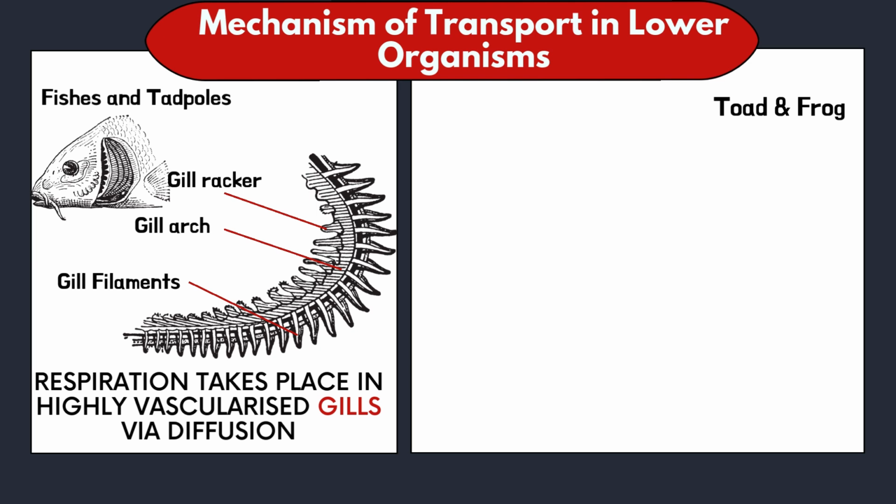The fish then closes its mouth, raises the floor of the mouth, and the water rushes into the gill chamber and moves across the gill filaments. Oxygen in the water then diffuses into the gill filament, while carbon dioxide diffuses out of the body into the water.